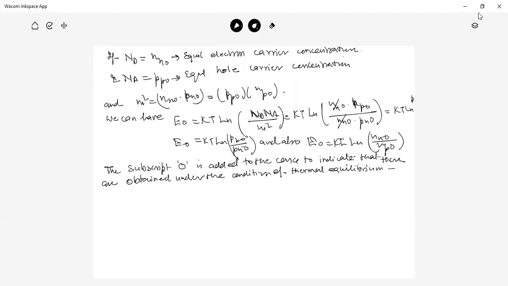Thermal equilibrium. Now one can have the diagram.